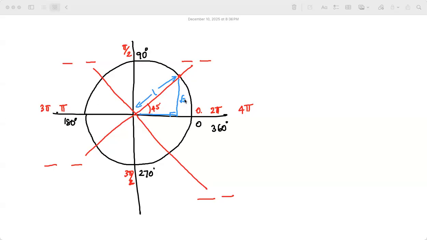Wait, 1, 1, 1 root 2. Okay, let me go back.